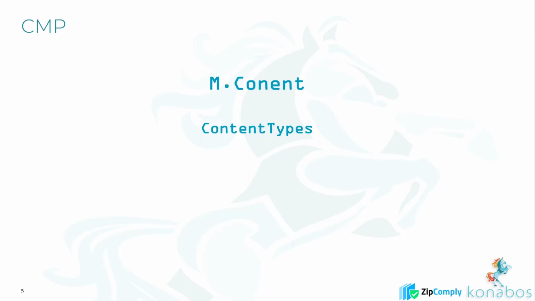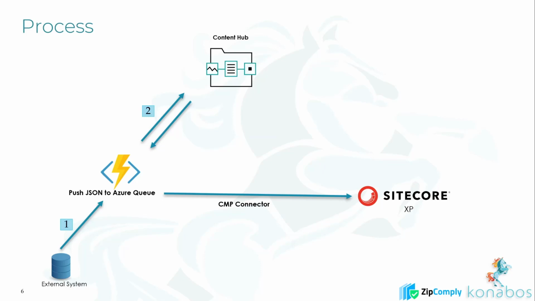Now, in terms of moving data, again, from your external system, this could be your XP as well. The content we are pushing into Azure Queue, which interacts with Content Hub and then creates these content types.